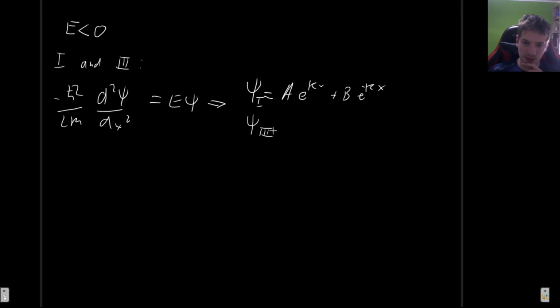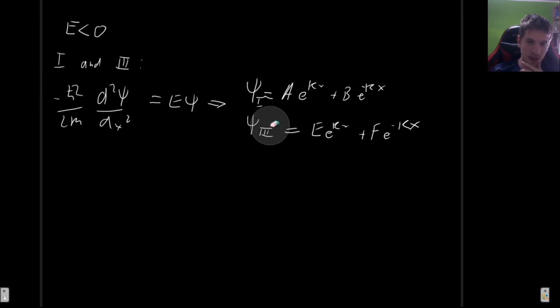So I'm going to call this A and B for region 1. And for region 3, because we still have to deal with region 2, and I'm going to use C and D for region 2, I'm going to use here F e to the kx and G e to the minus kx.